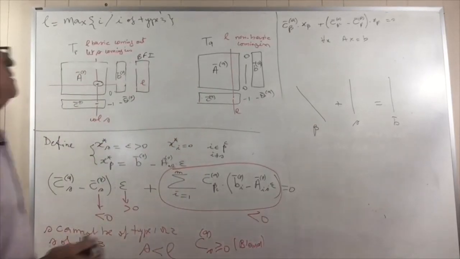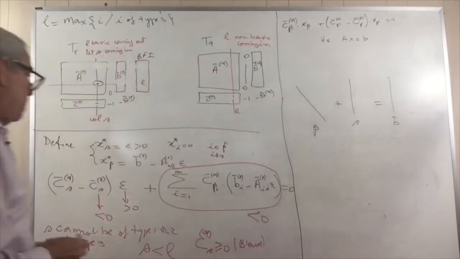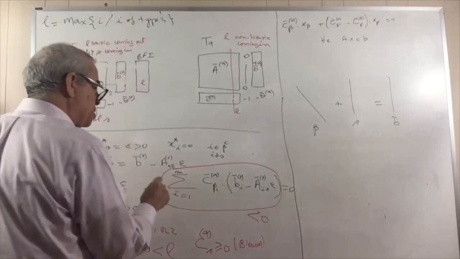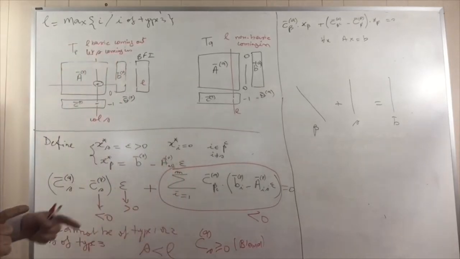Now I'm going to look at every term of this sum and show that every term is greater or equal to 0, and that's where the contradiction occurs.